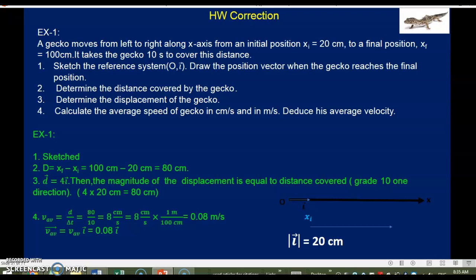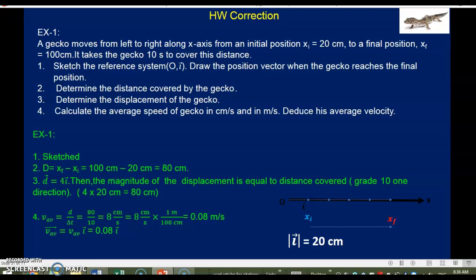If the i vector is equal to 20 centimeter, then xi is here, 20 centimeter away from the origin. The second vector gives 40 centimeter away from the origin, then 60, adding 20, 80, and 100 centimeter away from the origin. So this is x final.